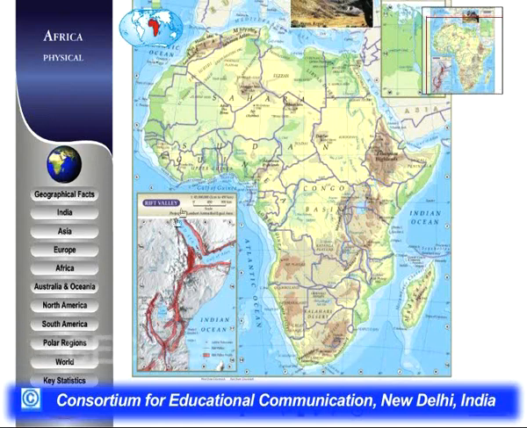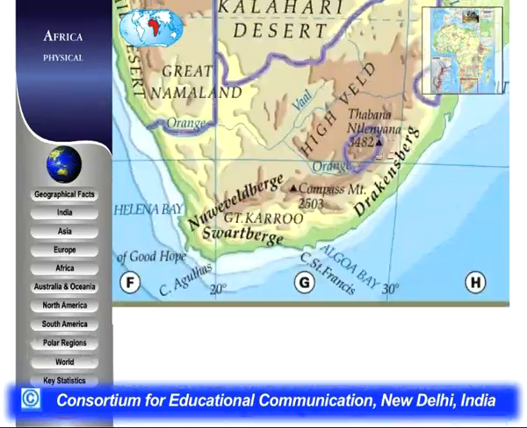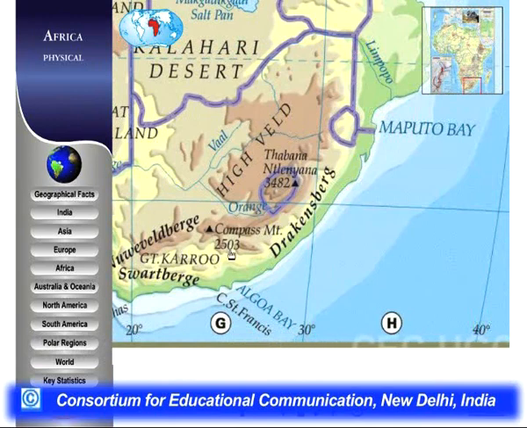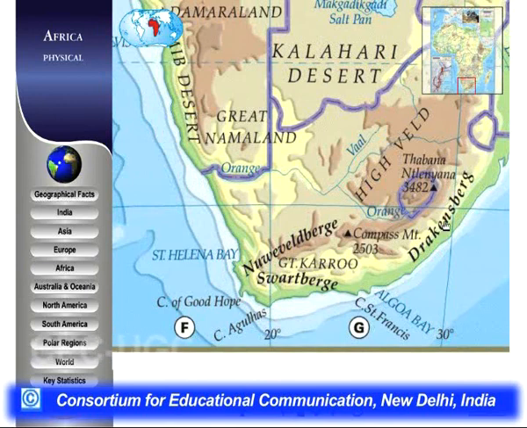So, northwestern part covering the northwestern area of Morocco, Algeria, Tunisia, this is called Atlas Mountain. And in the southeastern part, in the south coast of the South Africa, you can find Drakensberg Range. So, Atlas Mountain in the northwest, Drakensberg in the southeast.